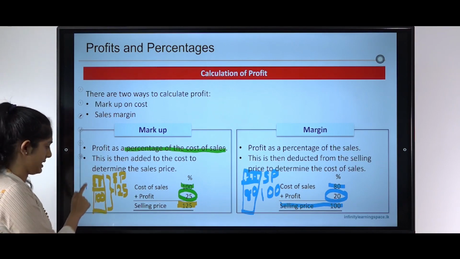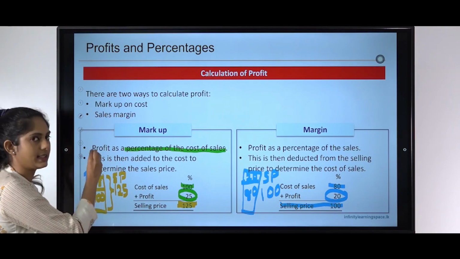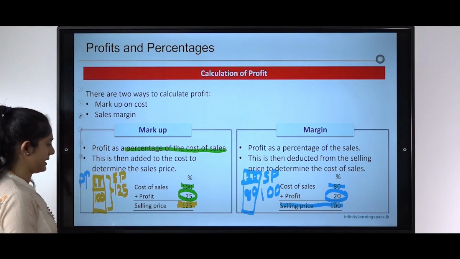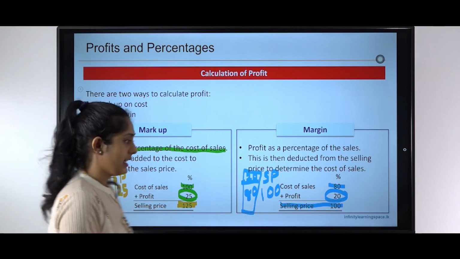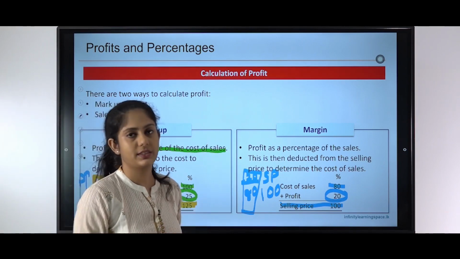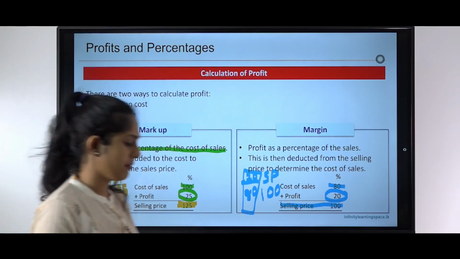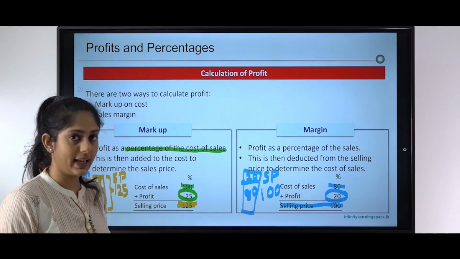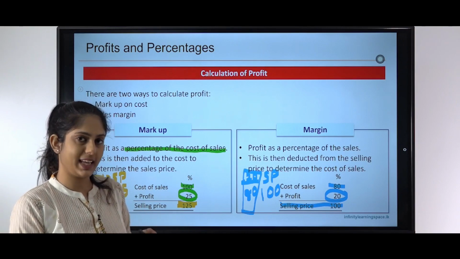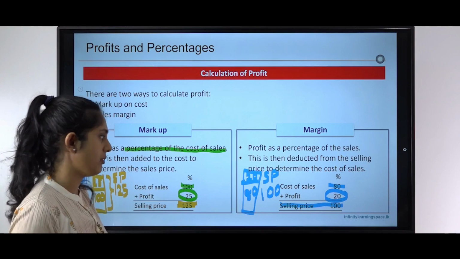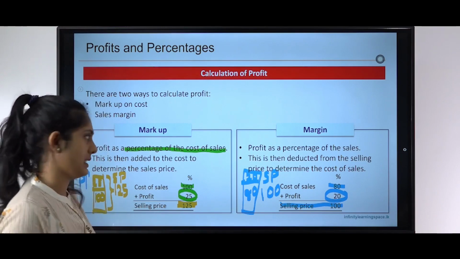It's an addition: to the cost, we increase it by the profit. But with margin, 100 is my total sale, and inside that there is a profit of 20. So if I say margin, you should know that inside the selling price of 100, there is a profit of whatever margin percentage.